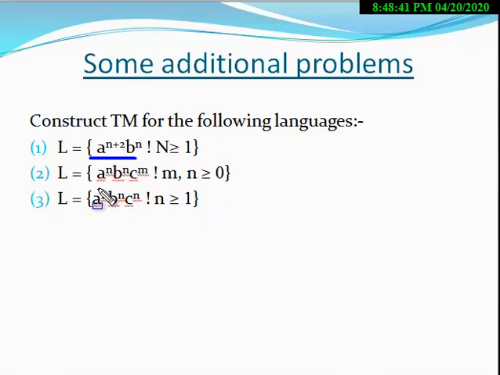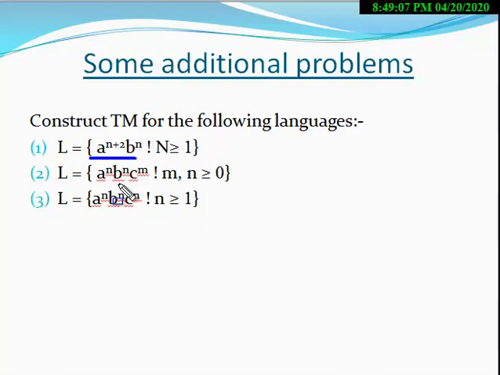Okay. Now come to the second question. So here a power n, b power n, c power m. Here there is no relation between the power of c and the power of a and b, right? So in this question, first you have to remove a, again move to the right direction and check b, and remove the first b.